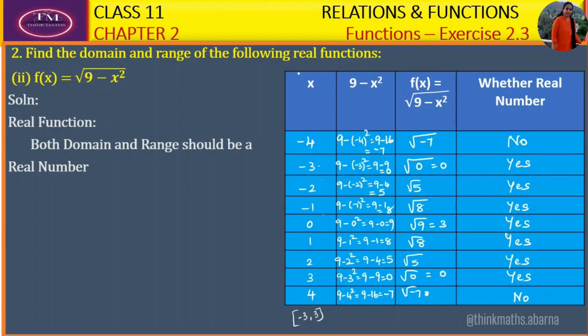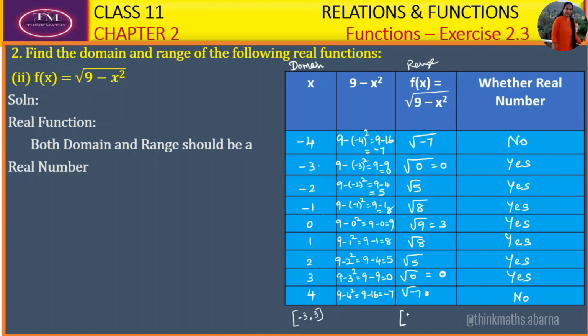So this is the domain. Input is the domain, so the domain takes the values from minus 3 to 3. Now f of x is the range. What values does f of x take? The values for yes are 0, root 5, root 8, 3, root 8, root 5, 0. Which is the maximum value? The minimum value is 0, so it starts with 0.